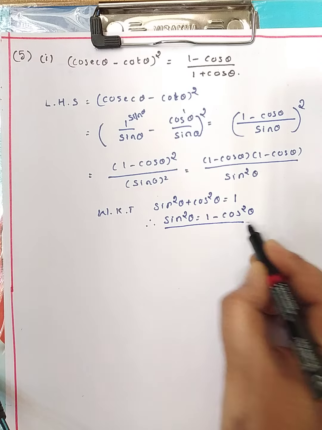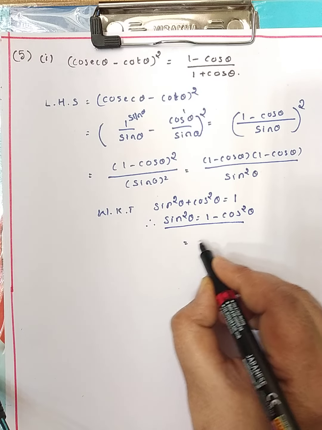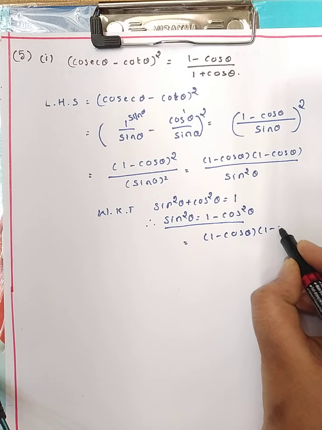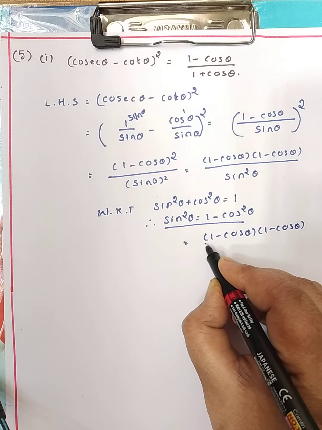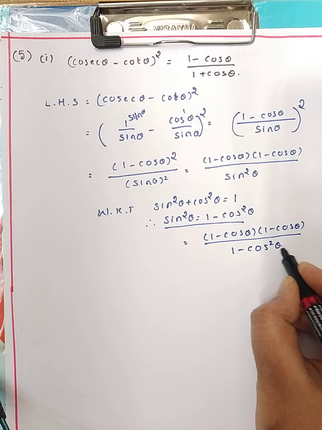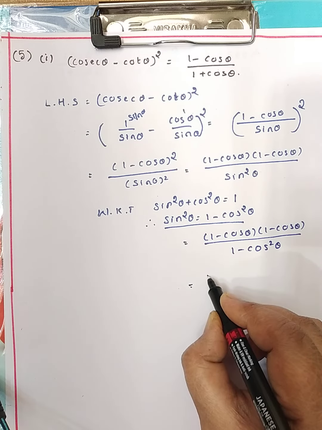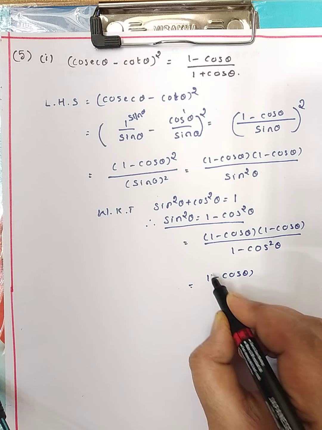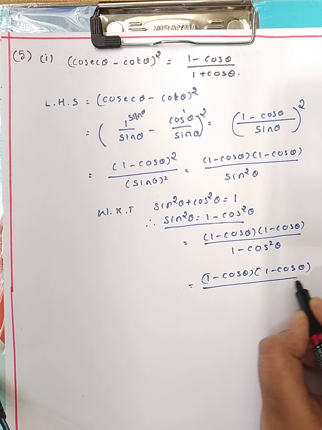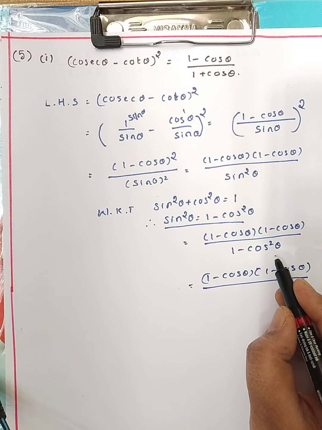So substitute this in the denominator. That is (1 minus cos theta) into (1 minus cos theta) divided by 1 minus cos square theta.